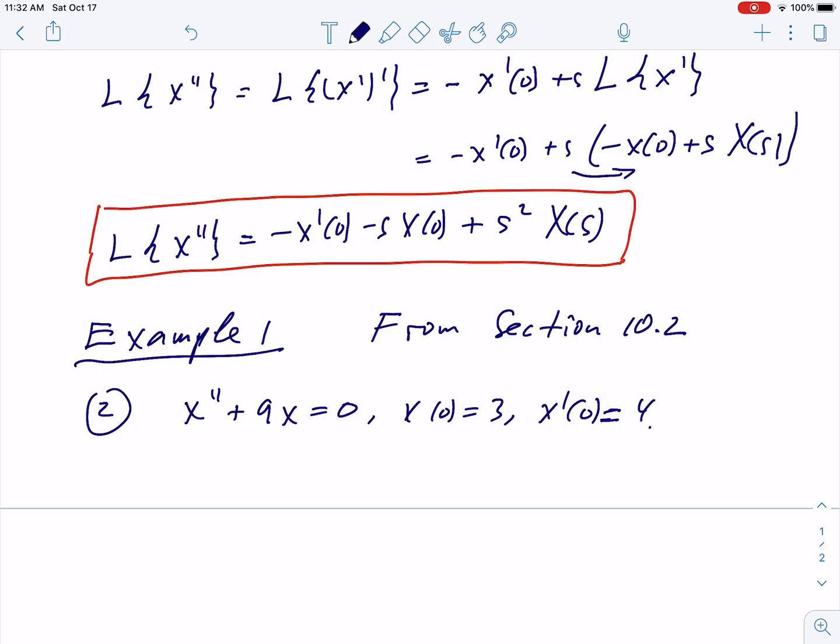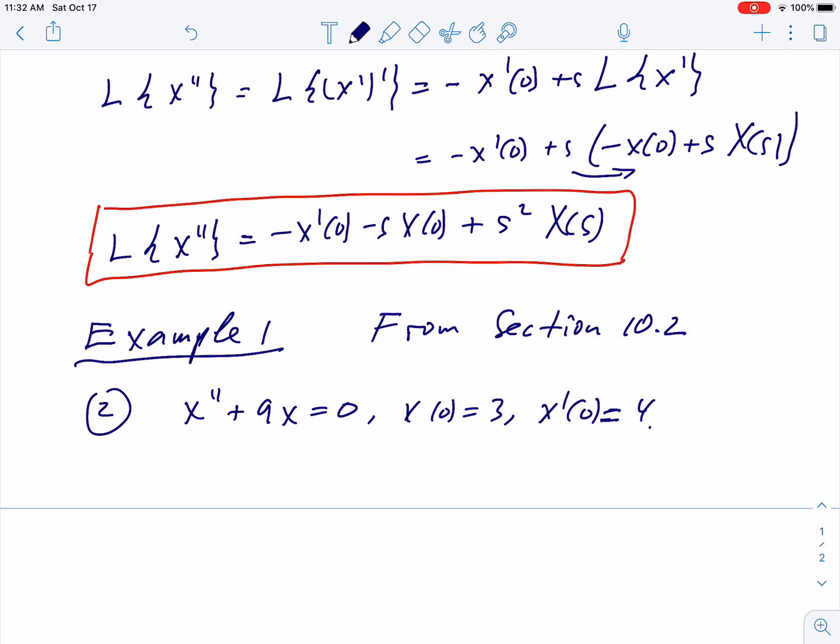Very simple equation. Now we can solve this equation. It's a homogeneous second order equation using the characteristic equation. And it's good to do this just to compare. But first I want to show you the Laplace transform.